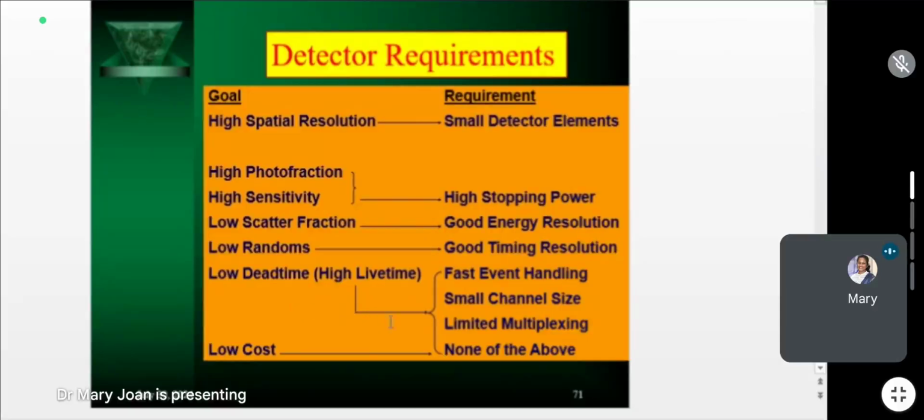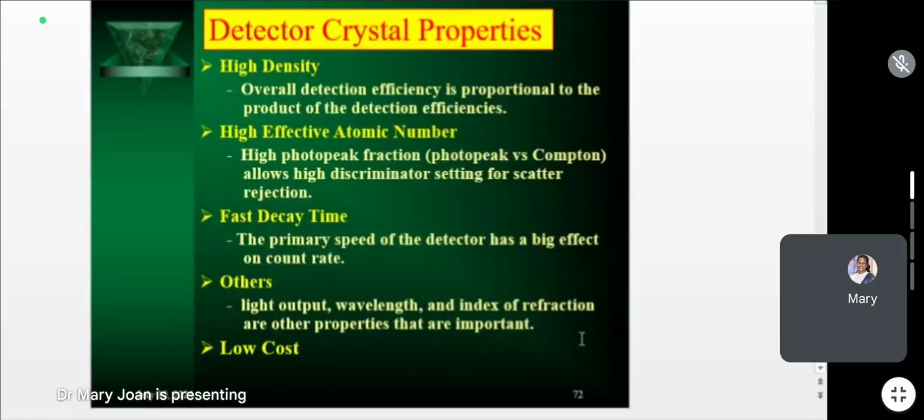We need fast event handling, small channel size, limited multiplexing, and low cost. All of these should be achievable at whatever minimum cost we can manage.